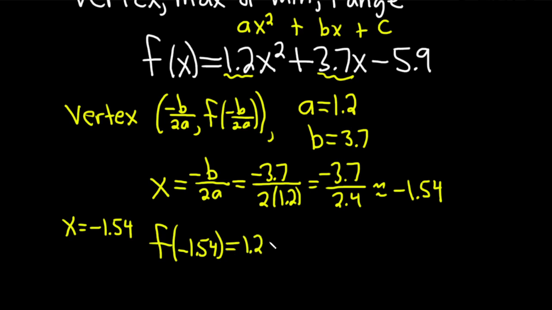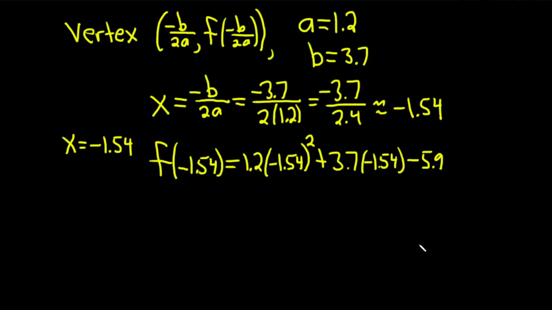So 1.2 times negative 1.54 squared. Basically, we were just putting this everywhere we see an x up here, right? So you've got the 1.2, then 3.7, and then negative 1.54, and then minus 5.9.